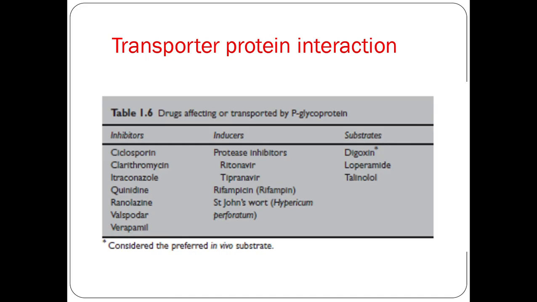Substrates are digoxin, loperamide, talinolol. So this is the example of drugs affecting or transported by P-glycoprotein. You can go through the book and literature to learn more about this.